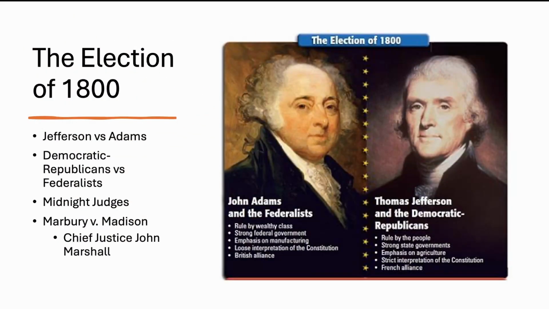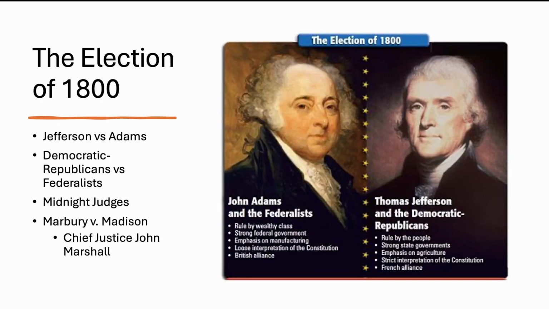We have the election of 1800, which features Jefferson versus Adams. It was the ultimate political showdown. You have Jefferson, who was a Democratic Republican, and John Adams, who was a Federalist. The campaigning was brutal. The Federalists basically slammed the door in the Democratic Republicans' face as they framed them as anarchists. Jefferson and his running mate, Aaron Burr, actually end up tying, which sends everything into chaos.